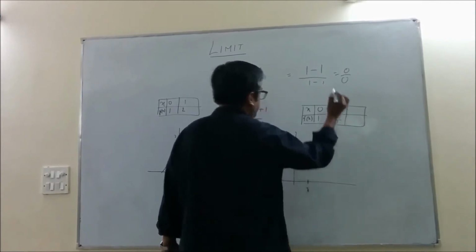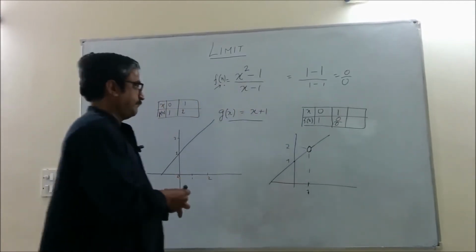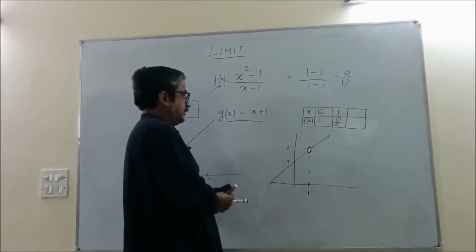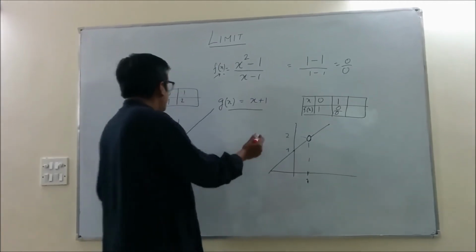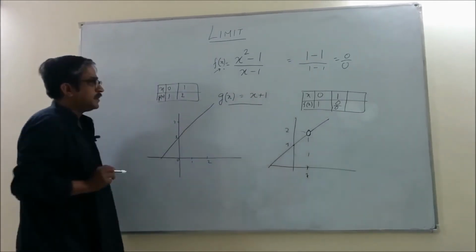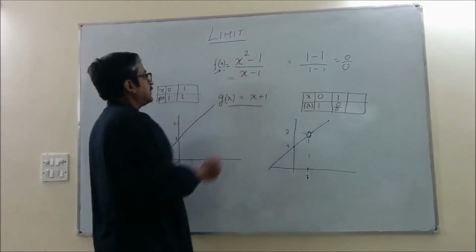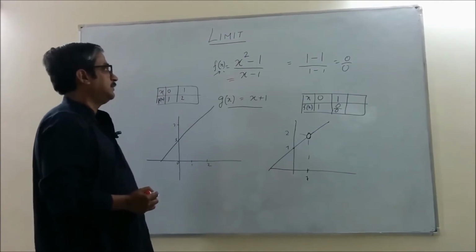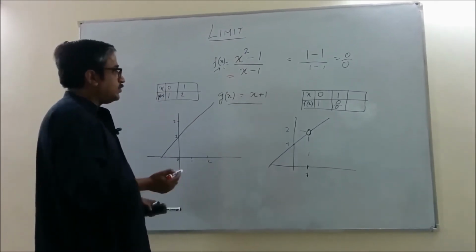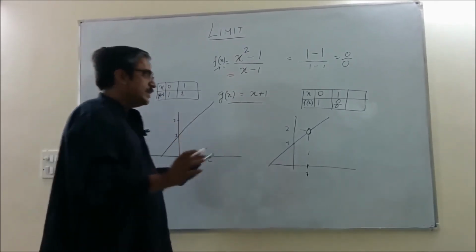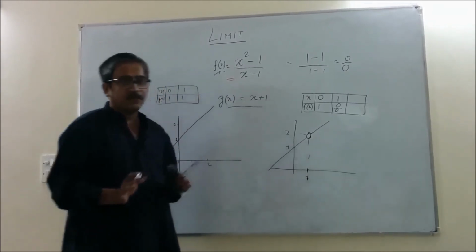There will be a blob. So that's the only difference between these two functions. I don't know the value of this function at x equals 1. So what will I do? First I say, well, I can't plot this function. That's one way of looking at it.